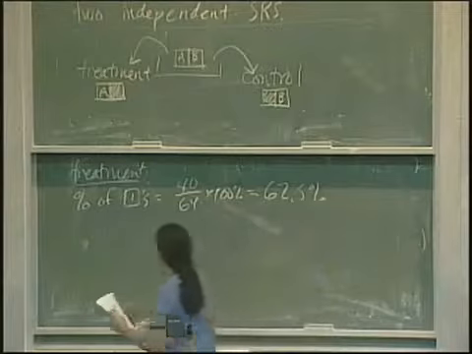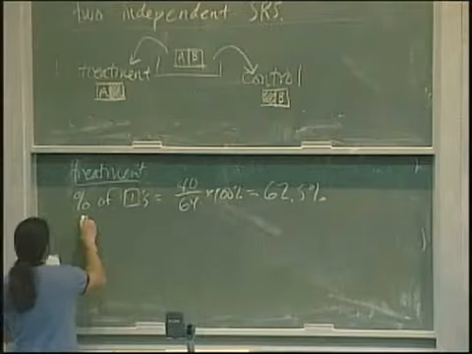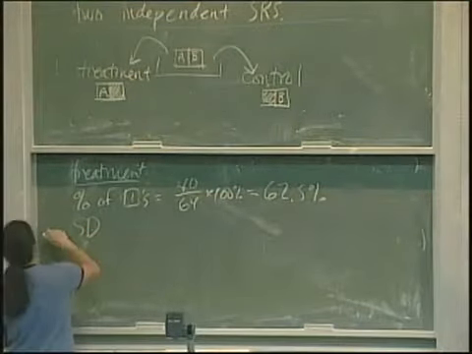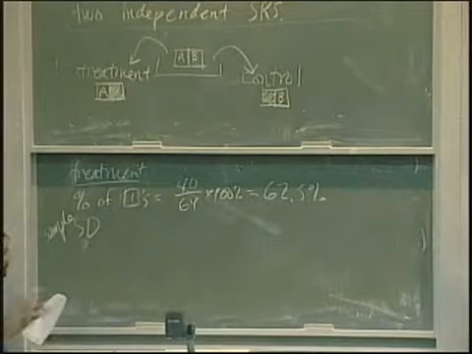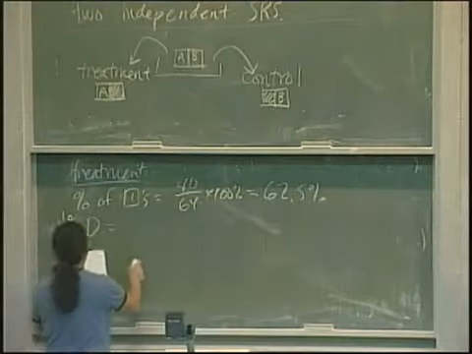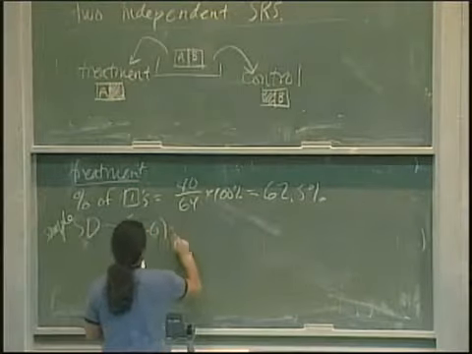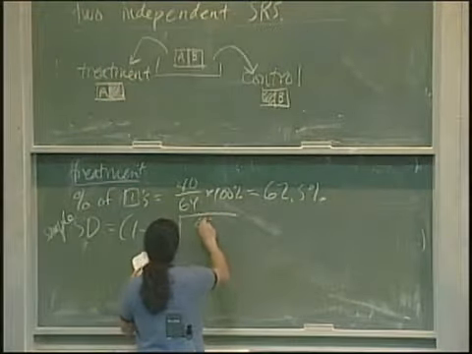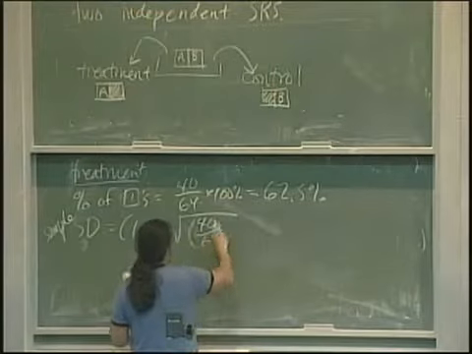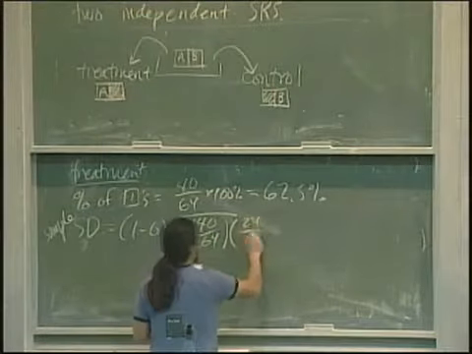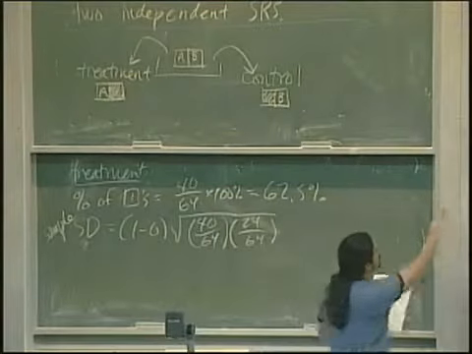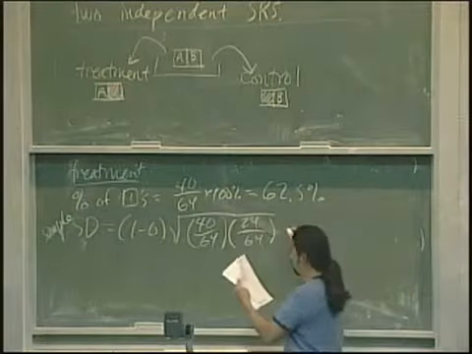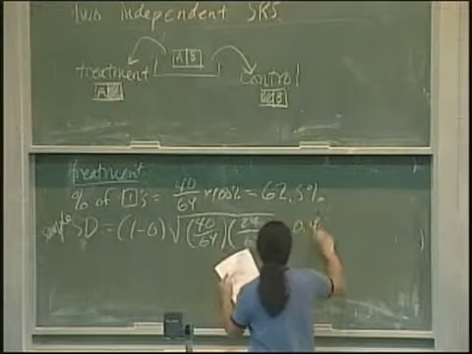Okay. And the SD, and this is the sample SD. So we're using bootstrap method along the way here, which is fine. Sample SD is 1 minus 0 times square root of 40 over 64 times 24 over 64, which comes out to be 0.48.